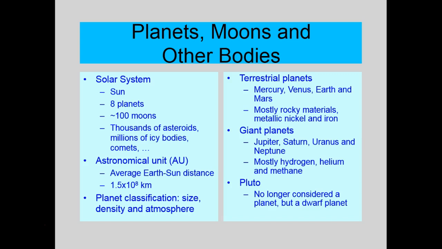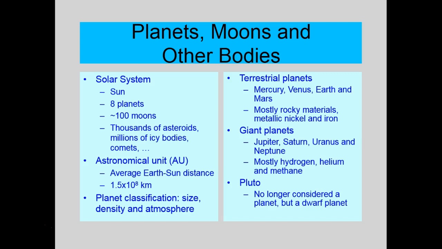Wait a minute, Earth isn't mostly nickel and iron, or is it? Seems like we got a lot of rock, not much iron. That's on the surface, folks. Only on the surface. Down deep, mostly nickel and iron. We've never been down there, but we see it erupting every now and then. Okay.